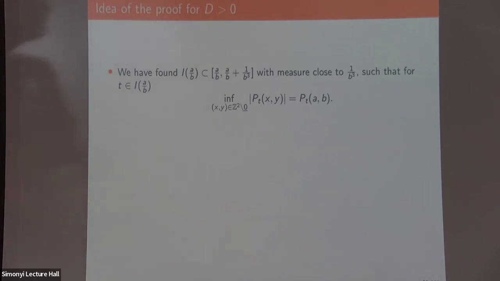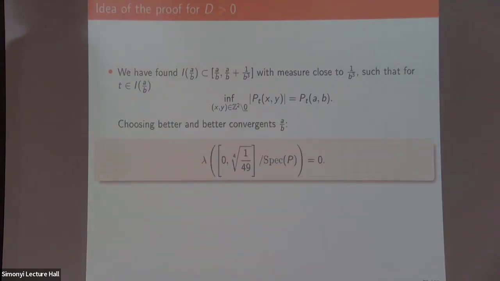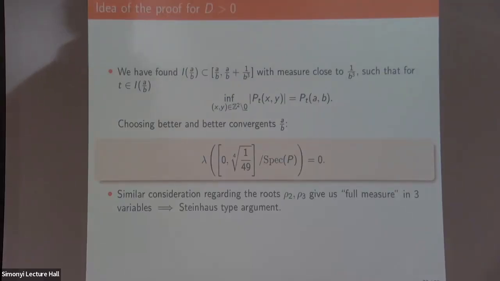And this is now a continuous family. And since we have almost continuity, by choosing better and better convergents, we have that the spectrum is almost everything. Okay. And how do we go to everything from almost everything? Well, similar considerations for the other two roots give us basically almost everything in three variables.